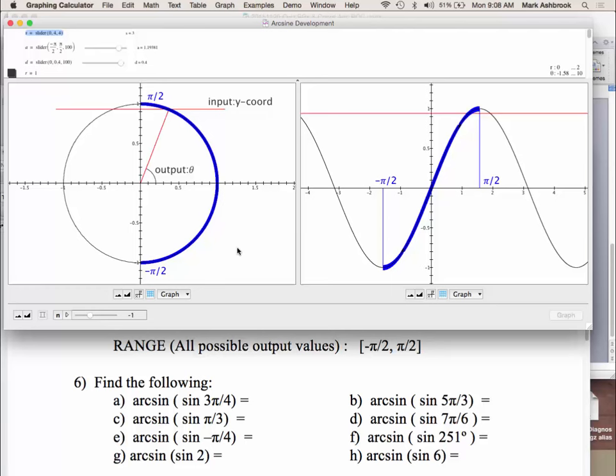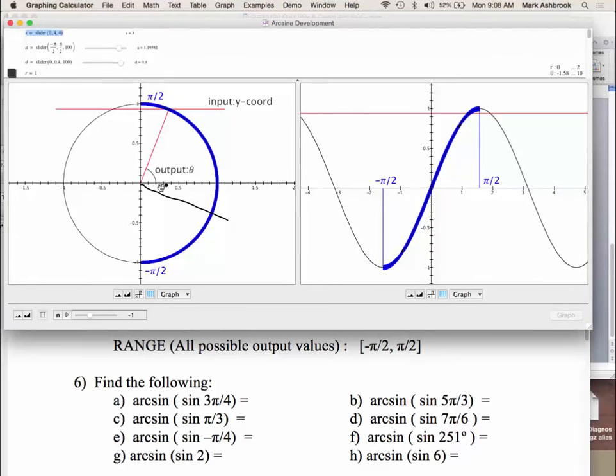So 6 radians. Do you know about where that is? Starting at the 3 o'clock position, you should know about where 6 radians is. Which quadrant? Fourth quadrant. Something like this. No, a little further. Like that.